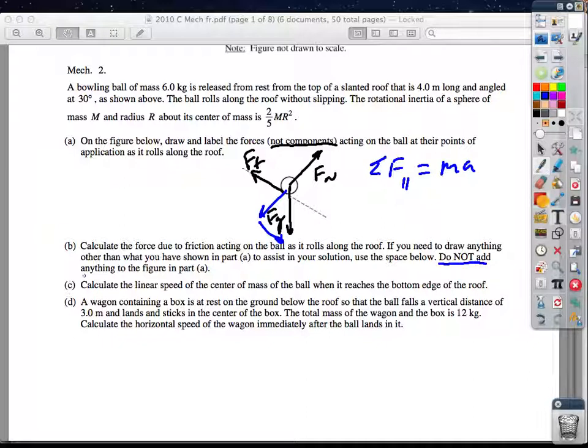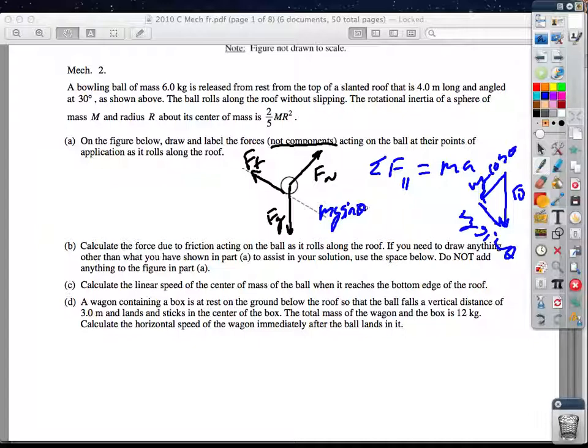Do not add anything to the figure in part A. So I'll say this is F_G, and then this is mg cos theta, and this is mg sine theta. Then down the hill, mg sine theta minus f sub f is equal to ma. Basically it's down minus up equals ma, and I use down minus up because down is winning.